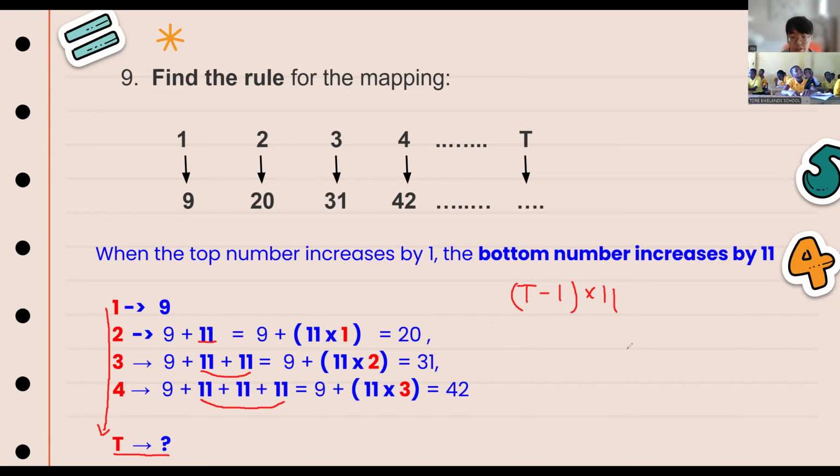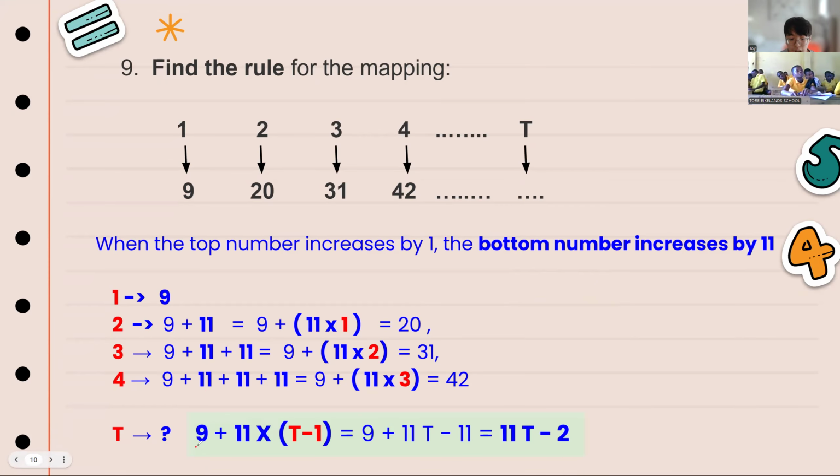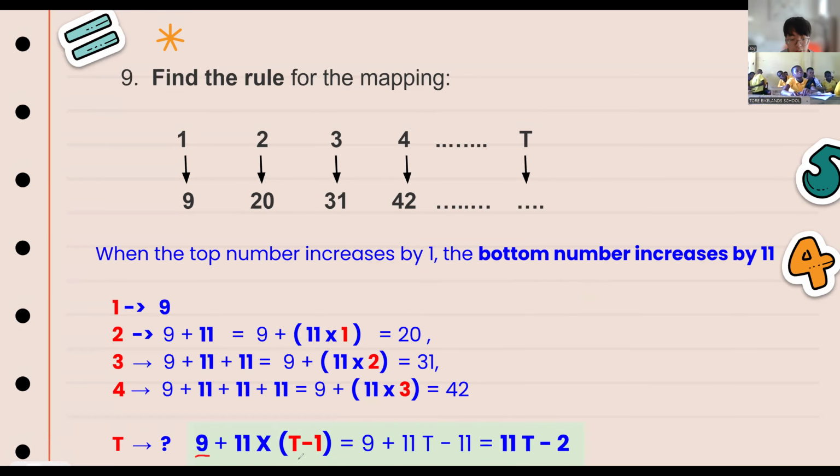Times 11 are added to 9. So you can see that the general formula here is 9 plus how many 11s are added? T minus 1. 11 times t minus 1.